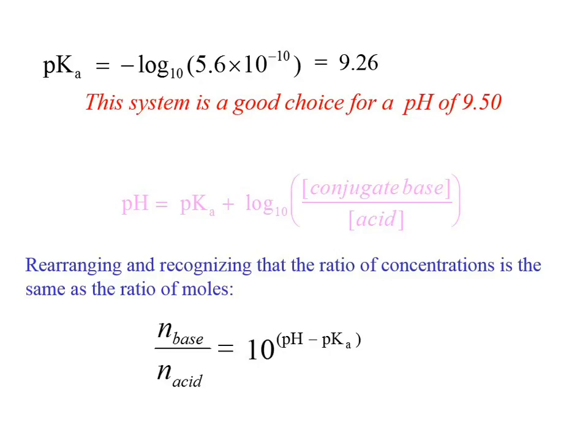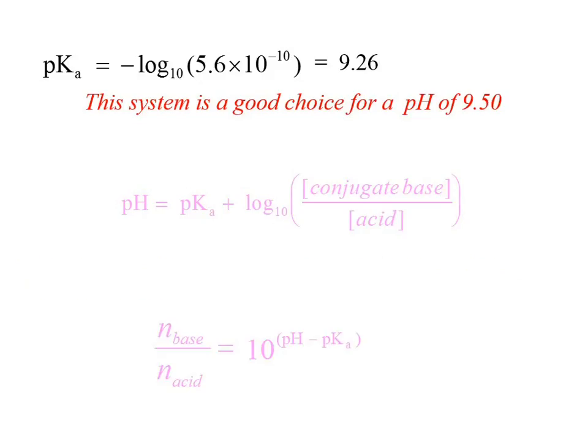But we can solve this and get the relative number of moles of base divided by moles of acid is equal to 10 raised to the pH minus pKa power. And actually, do you see why that makes sense? Because do we know our target pH? Yep, 9.50. Do we know our pKa? Yep, 9.26. So things are kind of falling into place a little bit.